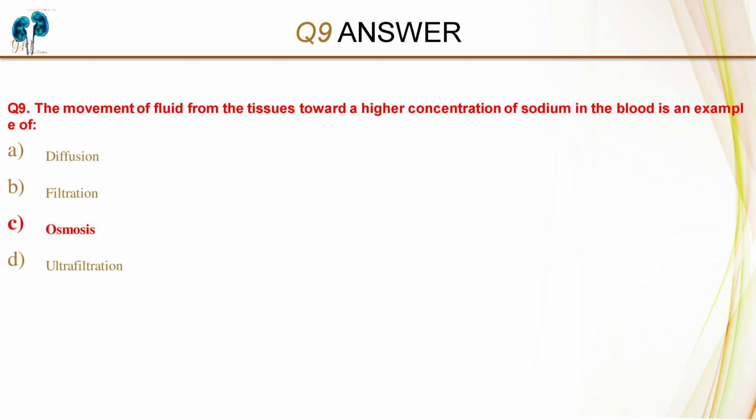Diffusion is talking about solute, osmosis is talking about fluid. So indirectly we are explaining osmosis, the movement of solvent from the region of lower solute concentration to the region of higher solute concentration. So the right answer is option C, osmosis.